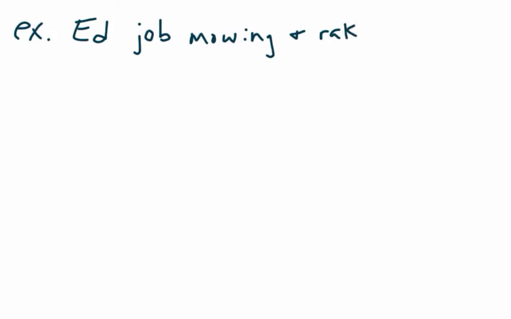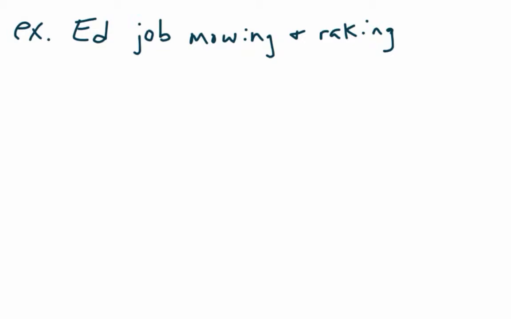So the second example is going to be a bit of a story problem. It's going to have one of those limited domains, we'll say. So Ed, somewhat because his name is short, has a job mowing and raking. So Ed is going to pay for his college.